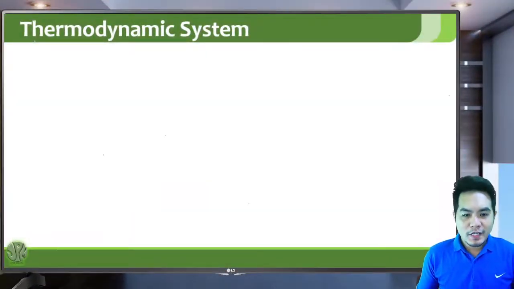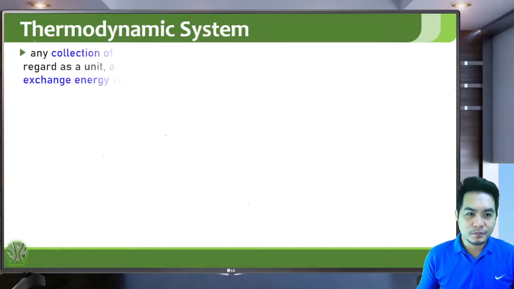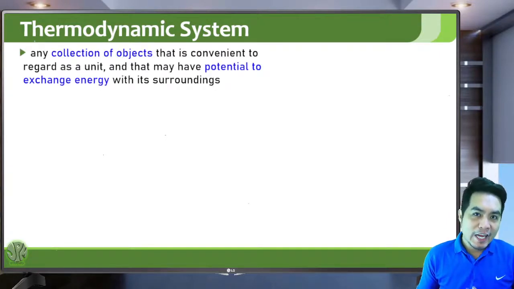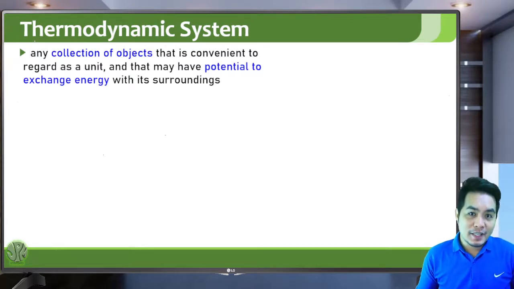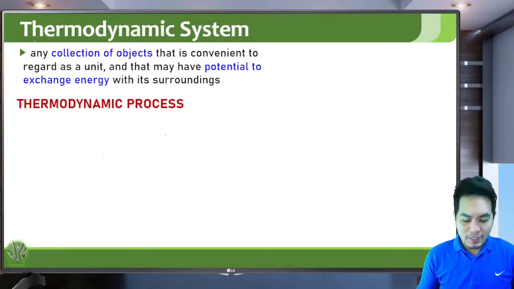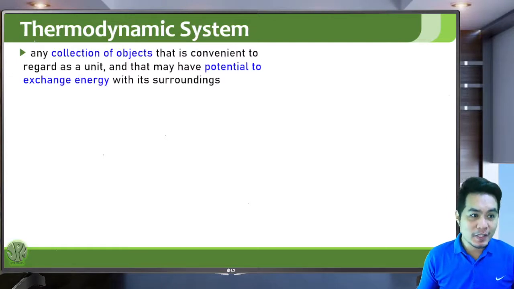So what is a thermodynamic system? It's basically any collection of objects that is convenient to regard as one unit and has the potential to exchange energy with its surroundings. Our bodies are examples of thermodynamic systems.